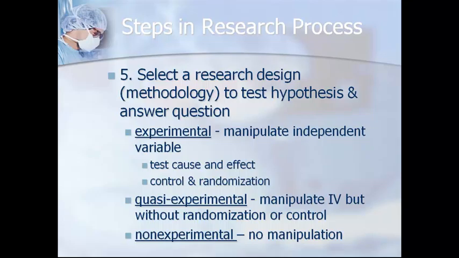All right, in a quasi-experimental research design, our independent variable is manipulated, but subjects are not randomized. So this is also called a convenience sample. And the prune juice is given to all residents who have elimination issues.